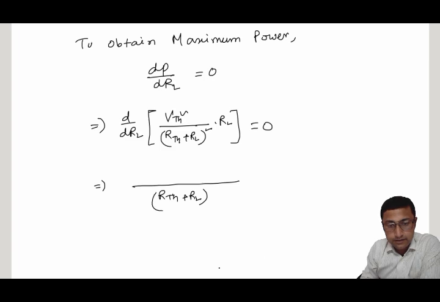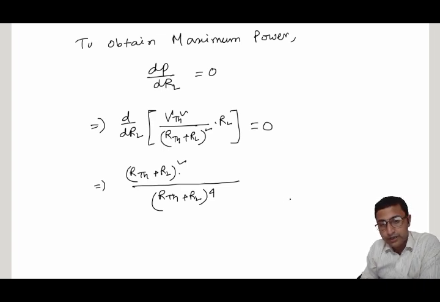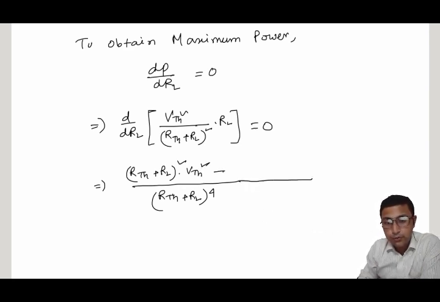RTH plus RL whole to the power 4. So derivative method is the U by V method, that is in denominator, that is V square, and in numerator that is V into U dash. So RTH plus RL whole square into U dash, that means VTH square into RL. If I take the derivative of this with respect to RL, it will be only VTH square, minus U into V dash.